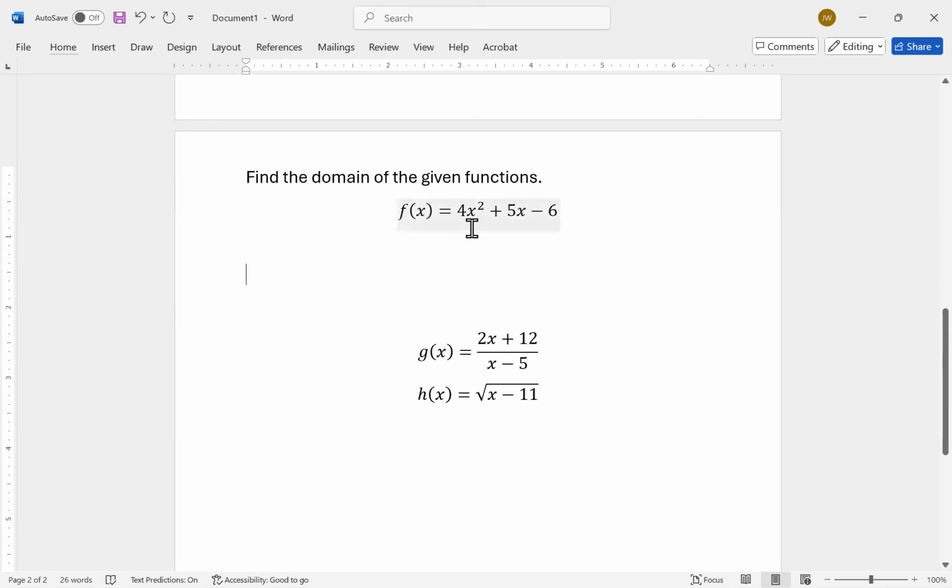You'll notice that any real number I plug in, I can square it. Plug in any number, I can multiply by 5. So there are actually no problems here where I'm going to encounter one of our common domain error situations when I plug in a real number. So that means the domain here is all real numbers.